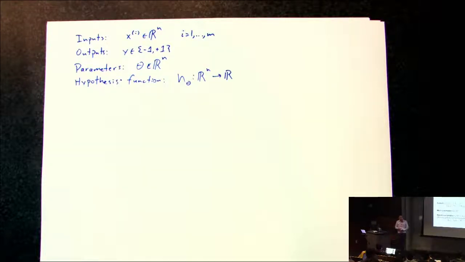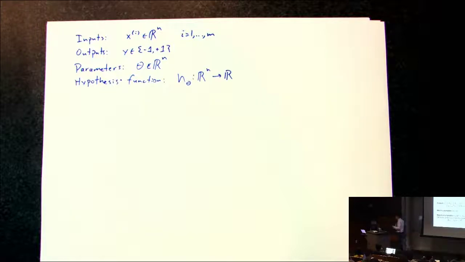The reason why we do this is that it lets us do a few things. First of all, it gives us a natural way to measure how confident we are in our prediction. If you predict a very large positive number, that means you're very confident this example is positive. If you predict a very large negative number, you're very confident it's a negative class.